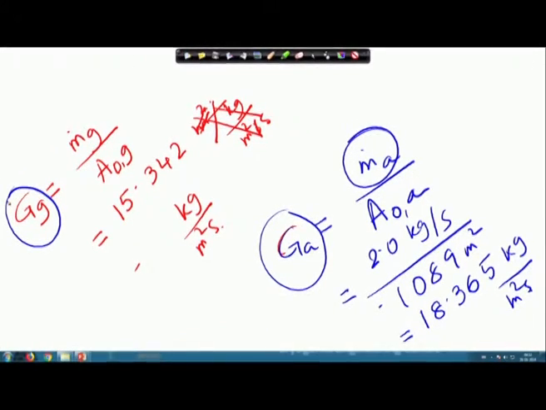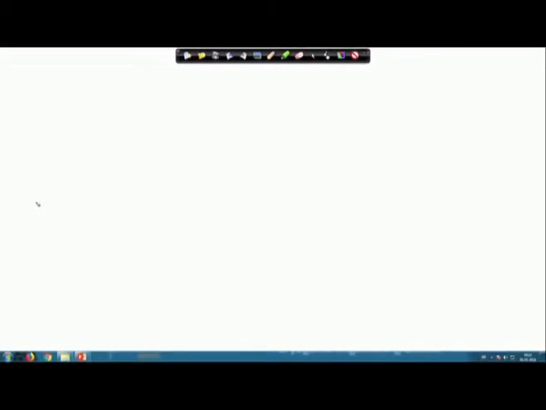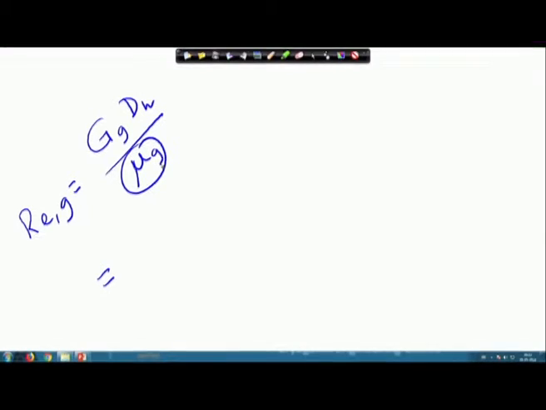When we know the gas side mass velocity and the air side mass velocity, we can calculate the Reynolds number corresponding to the hydraulic diameter. For the gas side, Re is G d_H by mu, where mu is that of the gas.